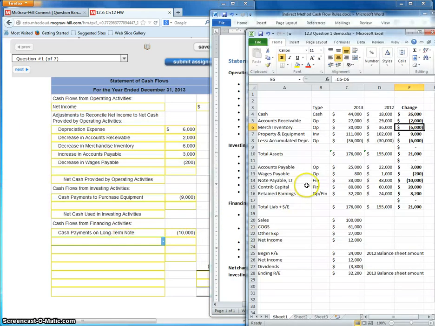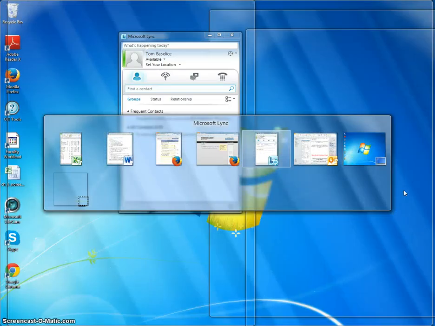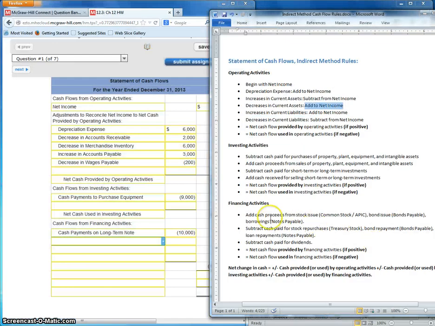Let's go back to my balance sheet. Contributed capital. Hey, it went up by $20,000. You know how that went up by $20,000? New investors gave you $20,000. So that's a cash inflow. When we go back to our rules, add cash proceeds from a stock issue. That would be new contributed capital, which is common stock or additional paid-in capital.